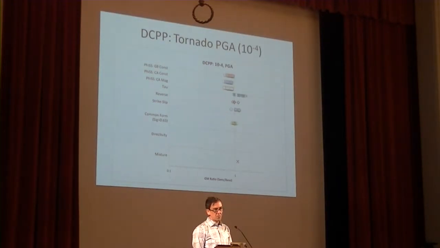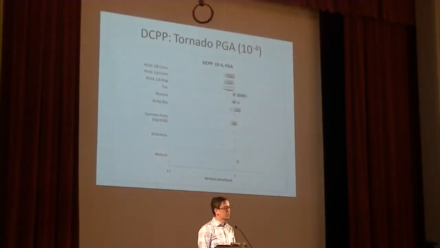If one is high, the other's going to be low, and vice versa. Their correlation is not very strong. In fact, in our logic tree we have those as uncorrelated variables, but in the regression there's not a high correlation between those two terms.